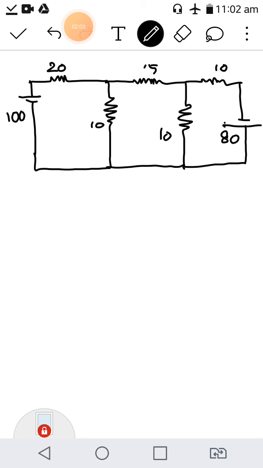Battery voltage is 80 volt. You have to find the various branch currents in the network using the nodal analysis method.